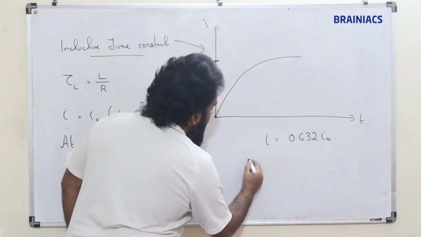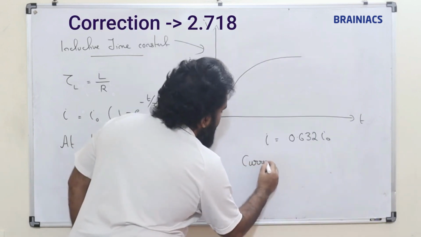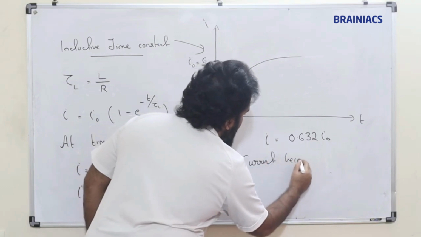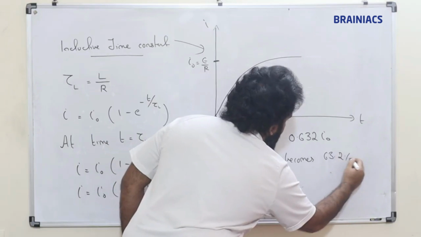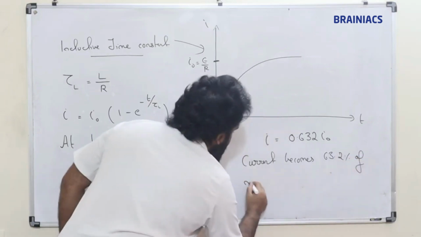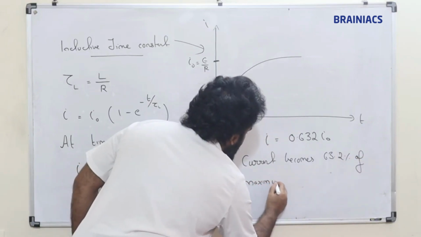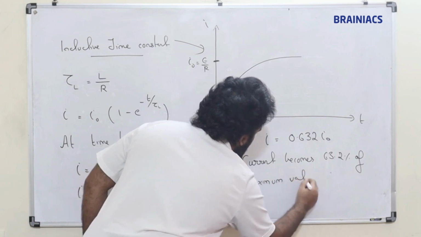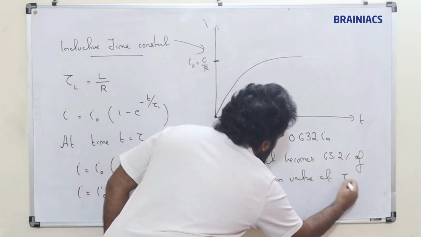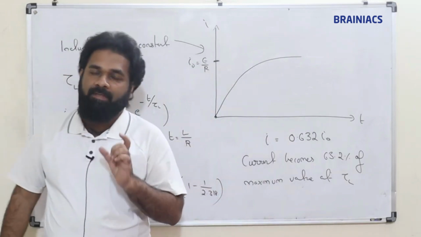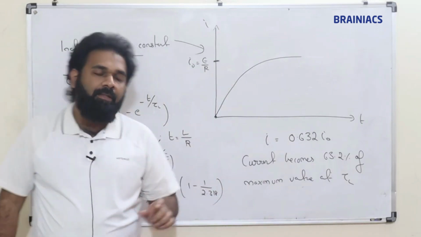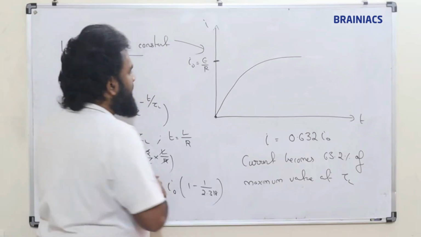That is, current becomes 63.2% of the maximum value at tau L.